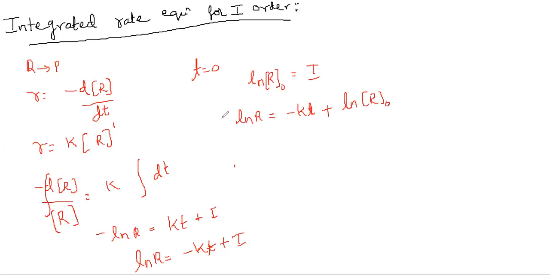Again, ln r plus kt is equal to ln r naught.